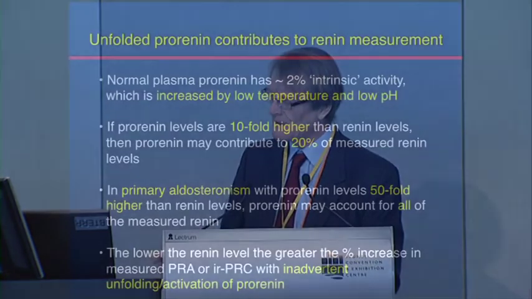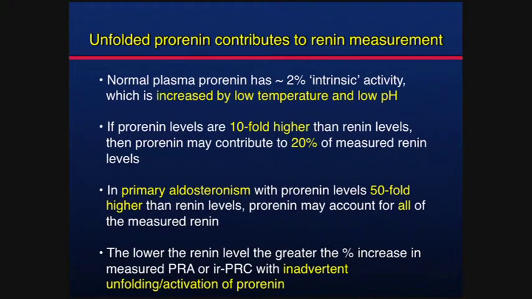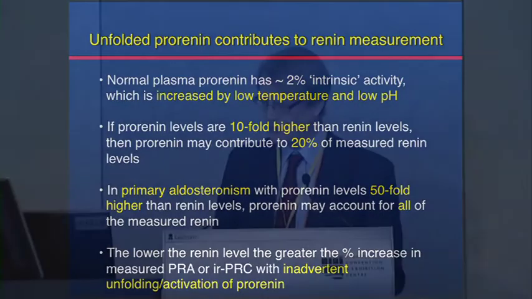In primary aldosteronism, where the amount of prorenin may be 50 times higher than the amount of renin, the prorenin may actually account for all of the renin that we're measuring in the sample, whether it be an activity assay or an immunoassay. And what this means is that the amount of renin that we measure in a sample with very low renin levels is very sensitive to inadvertent unfolding or activation of the prorenin if we don't handle the sample very carefully before it comes to assay.